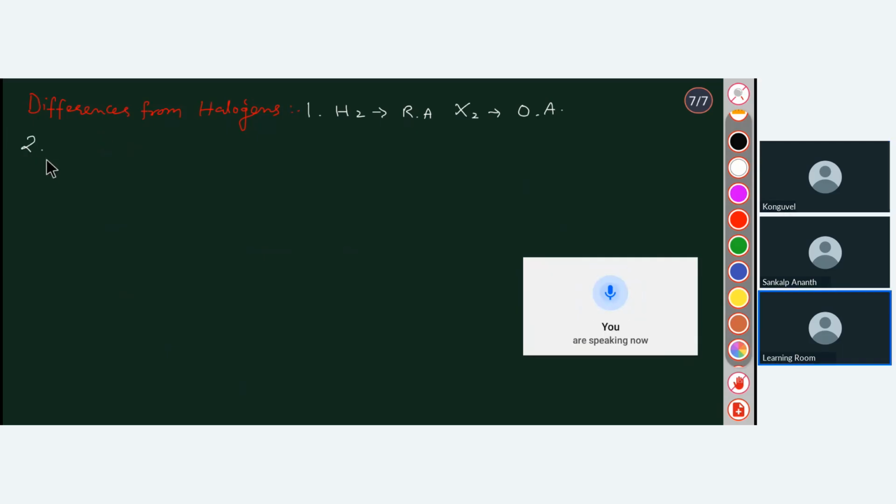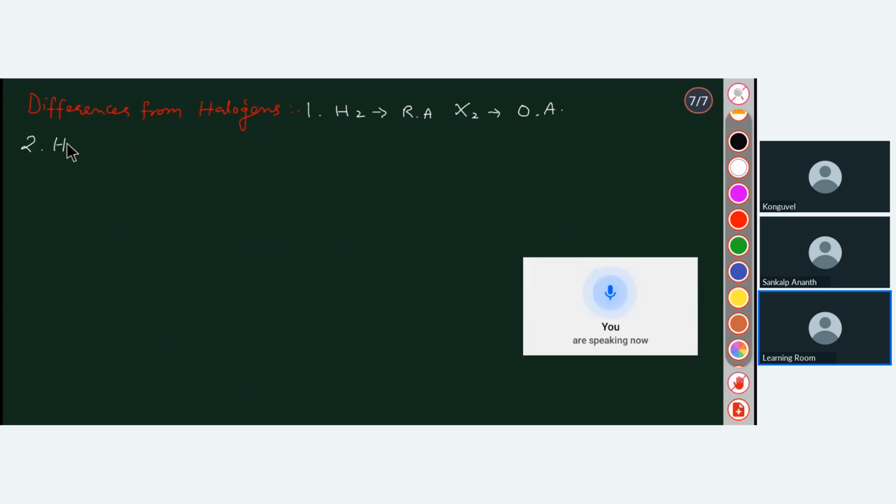Now, if we just talk of the tendency to form hydrides, hydrogen has less tendency to form hydrides as compared to halogens.